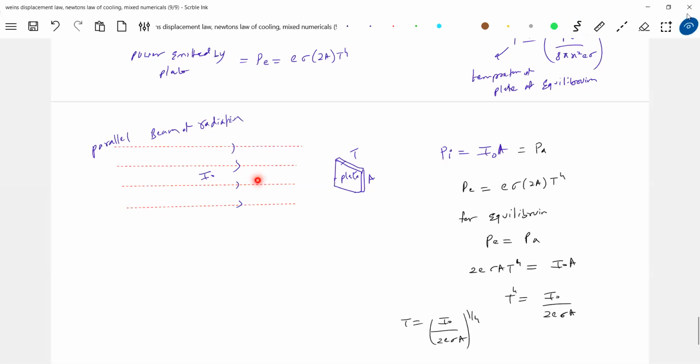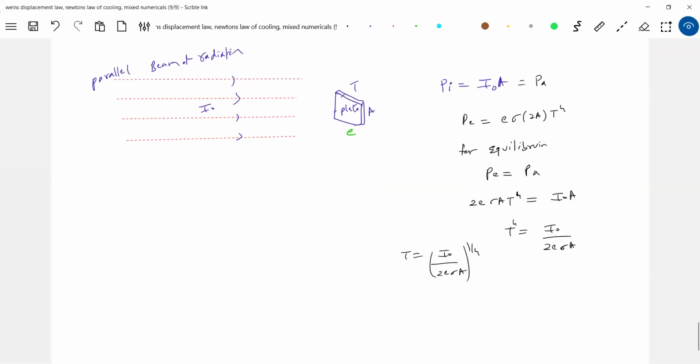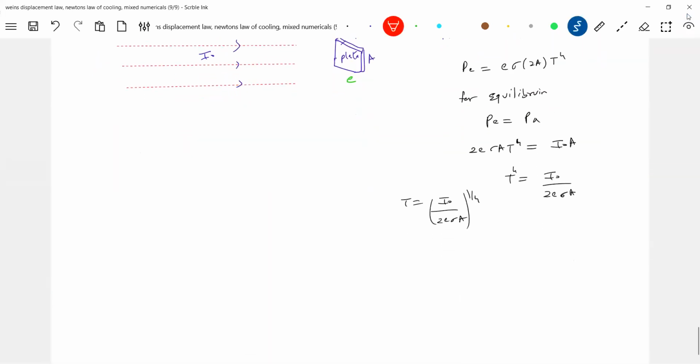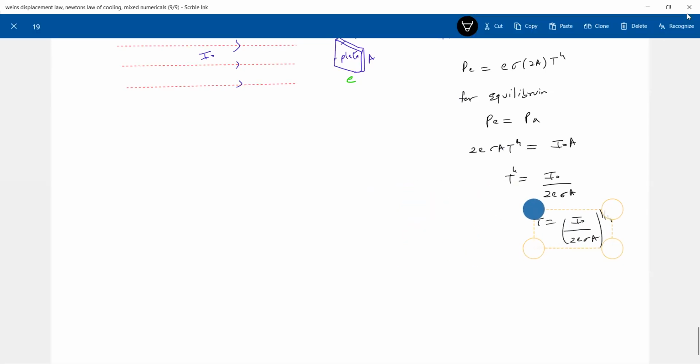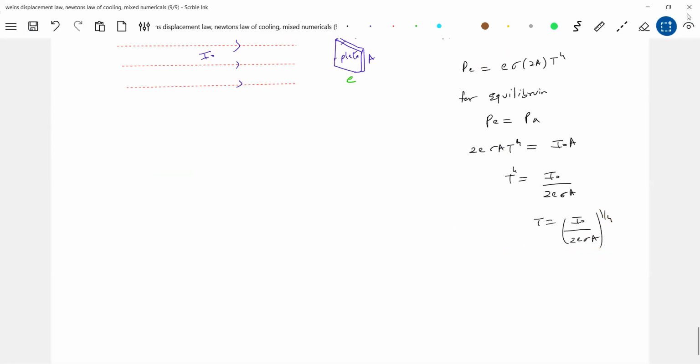If a parallel beam of radiation is incident on a plate, this is the method. What is the emissivity of the surface? If it is a black body, then put E equal to 1. Sir, you took a plate, if you take a sphere, what will we get? Let me keep this discussion.